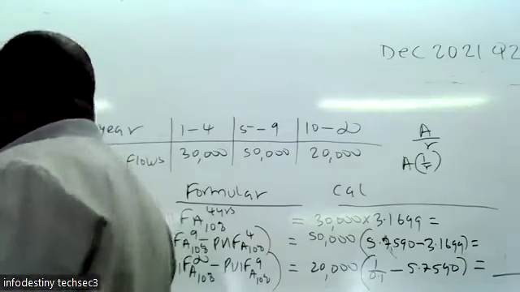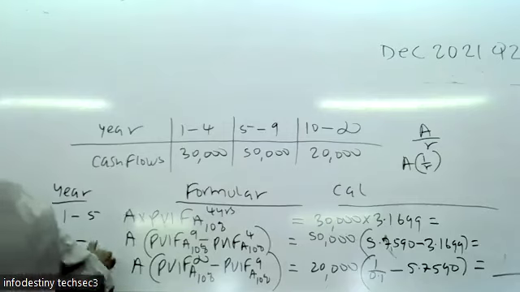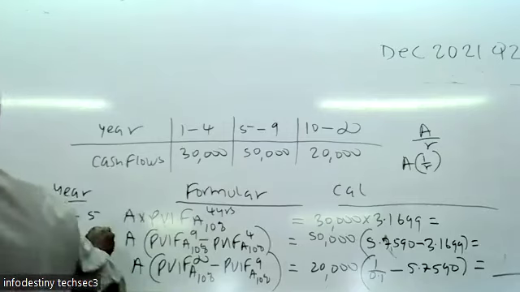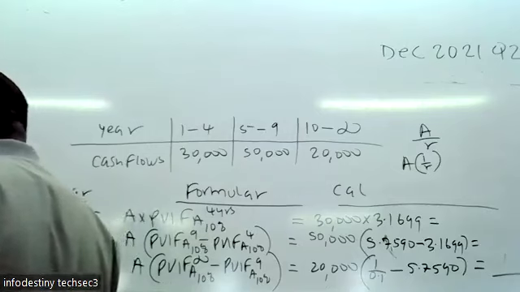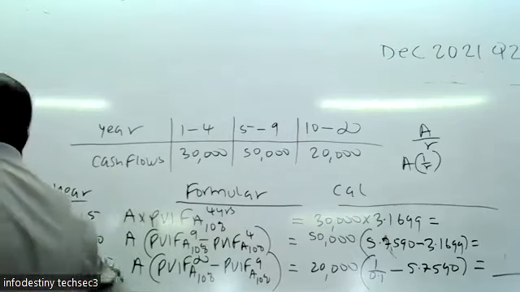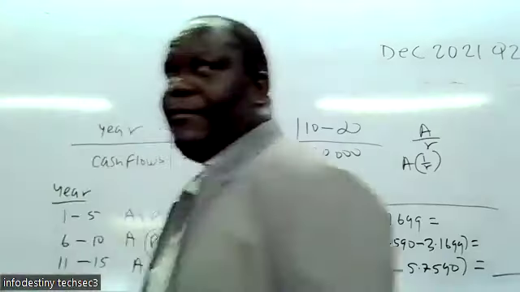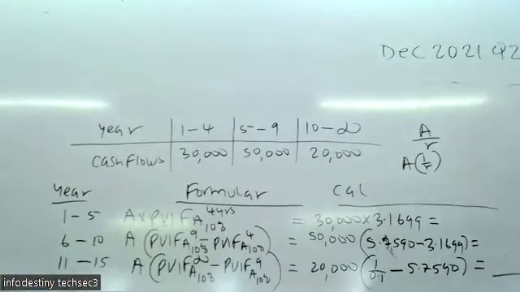The second category is from year 6 to 10. And the last category is from year 11 to 15. So we arrange them in that order.